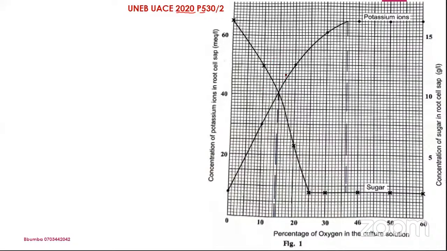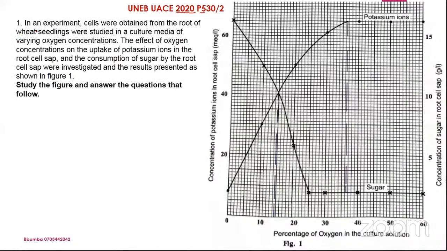This is the graph which they gave them. It is the very question which was also examined, actually so much similar to the one which came in Wakiso. And what was it saying? Of course, wheat is not grown so much in Uganda, maybe in the Canadian prairies, if you study geography.